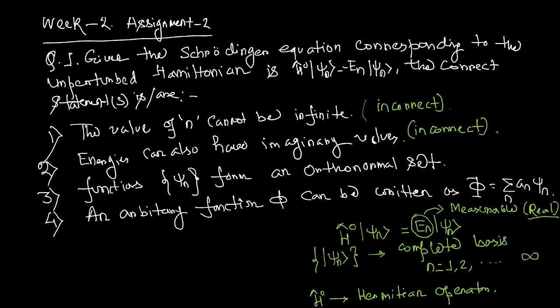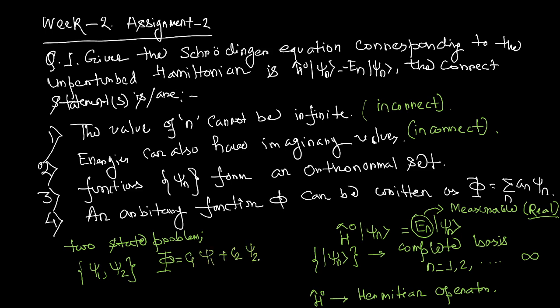Now psi n forms an orthonormal set. So what is the orthonormality property? If you set up a two state problem, then your basis is psi 1 and psi 2. Now the phi part you can write as C1 psi 1 plus C2 psi 2.